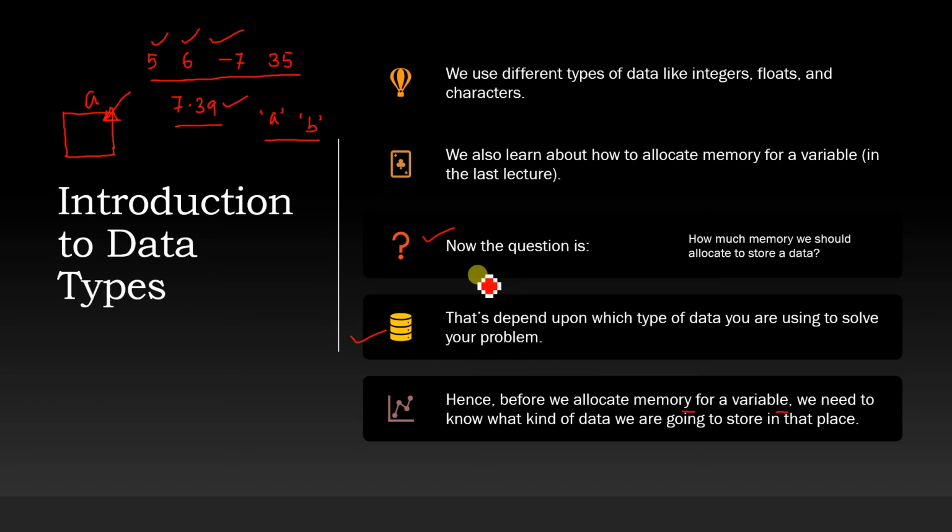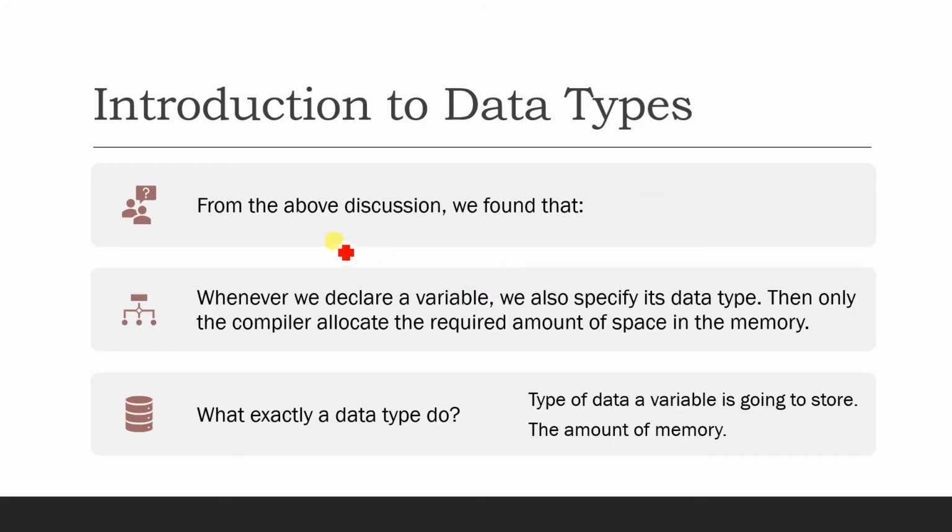From the discussion above, we found that whenever we declare a variable, we also specify its data type. That means declaration of a variable cannot be done alone. We should also specify what type of data we are about to store in that variable. Then only the compiler allocates the required amount of space in memory.